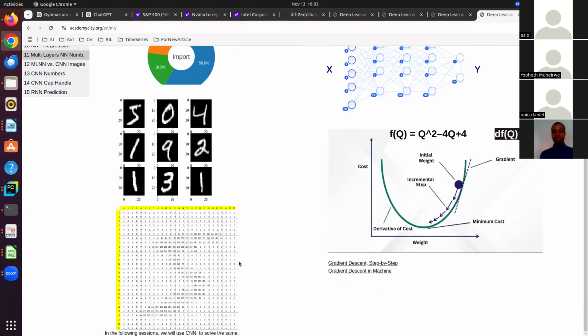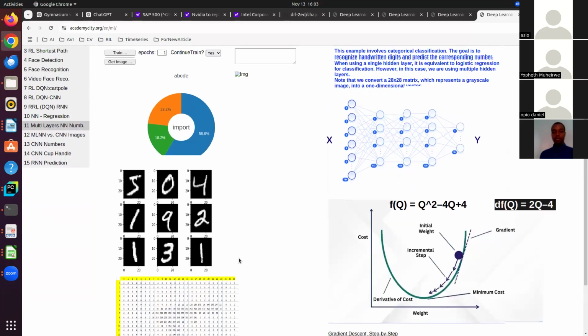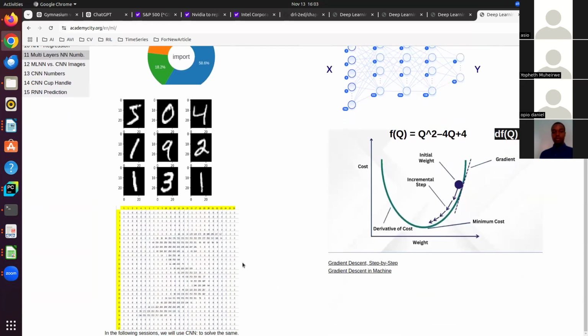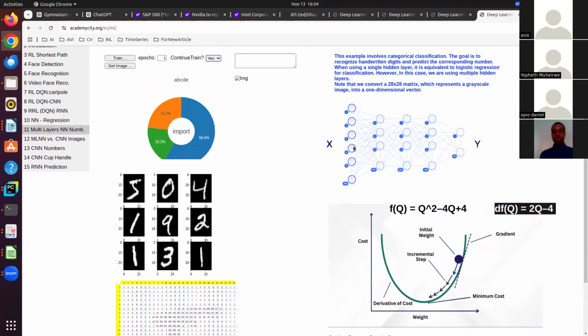But for now, we're just dealing with black and white and gray, so we have only 1 matrix. To use it, we convert it to 1 long vector. We take every row and add them one after the other, and we get 1 long array.